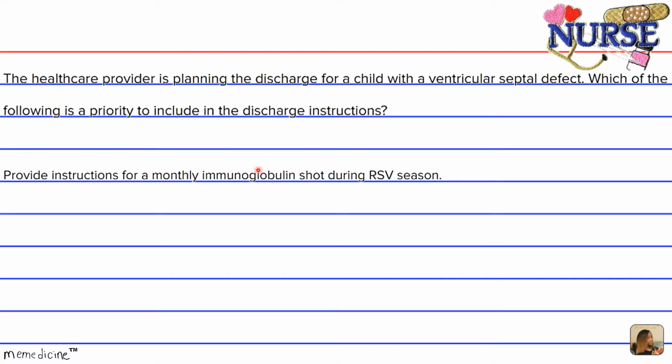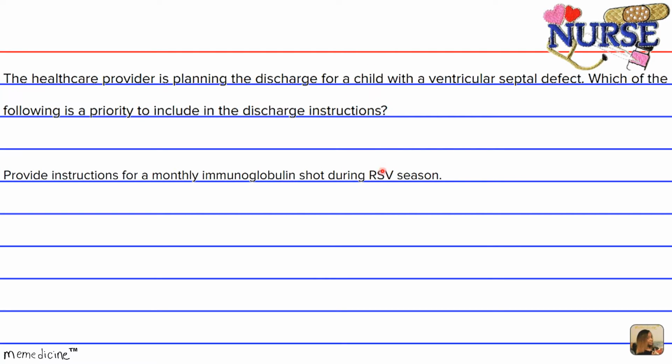And RSV is short in medicine for respiratory syncytial virus, and it's a virus, specifically a paramyxovirus, that causes disease of the respiratory tract. The major ones that we're most familiar with are bronchiolitis and pneumonia in young children. And it's also thought that this is a major contributing factor in sudden infant death syndrome.